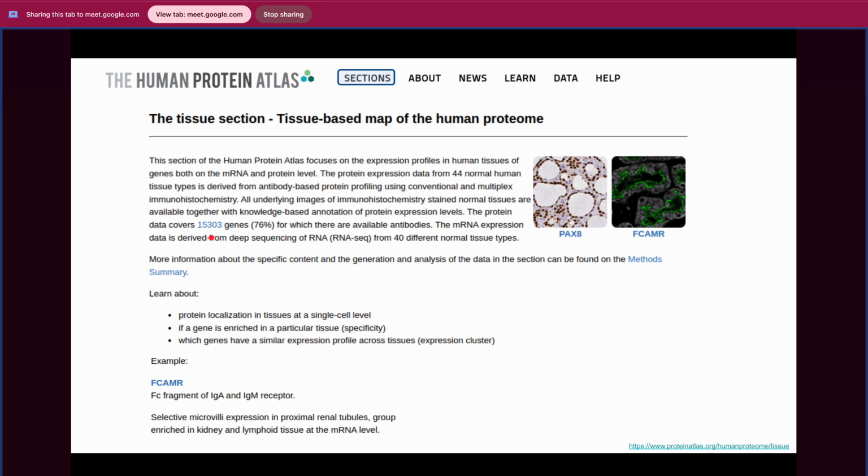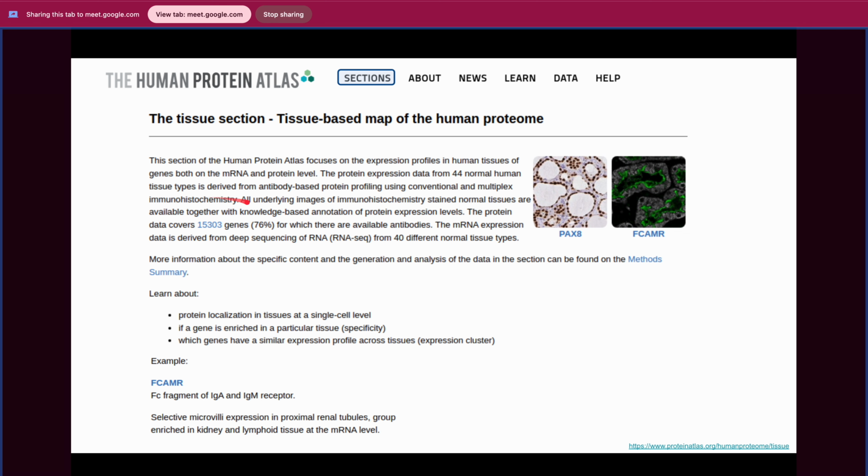The protein data covers around 15,303 genes. Currently, the human genome has around 20 to 22,000 genes, out of which these genes have been identified by the Human Protein Atlas, for which antibodies were available. As we know, to identify a particular protein, we need something to capture that information.